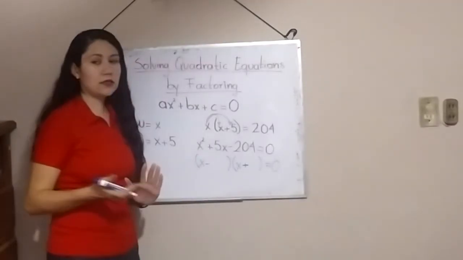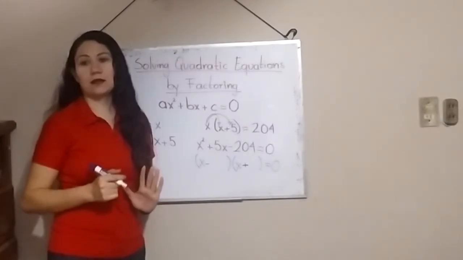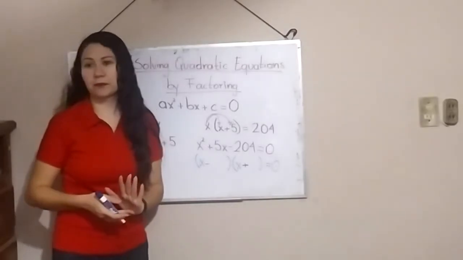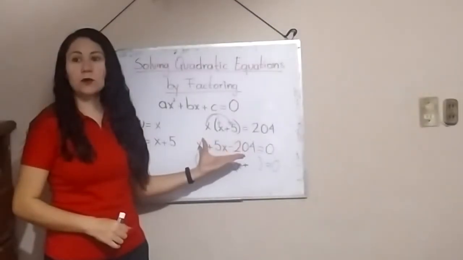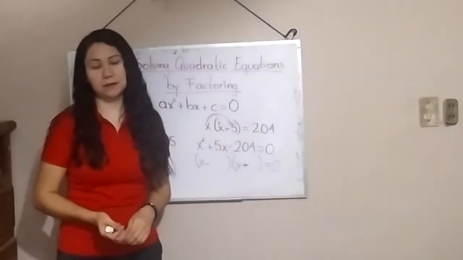Okay, what two numbers multiplied give us negative 204 and added would give us positive 5? It would be 12 and 17.